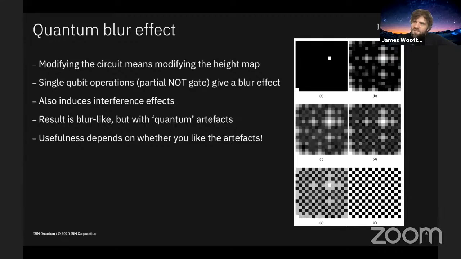But it's designed to basically have the same sort of usefulness as a blur in procedural generation, but be implemented in a quantum way. It's very slightly slower, and it has these artifacts. So it really does depend on whether the aesthetic that you get from the blur is something that is useful to you.